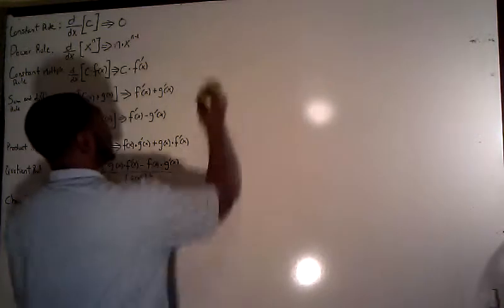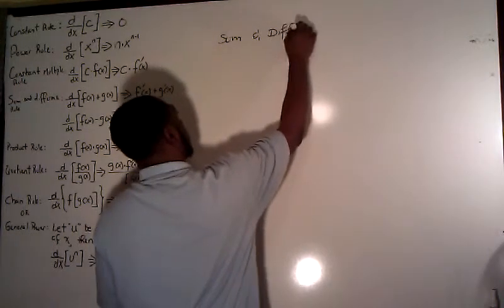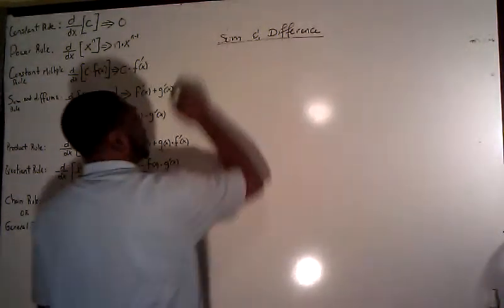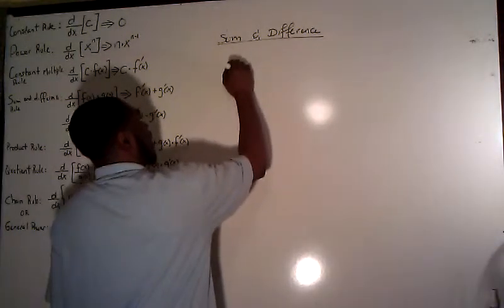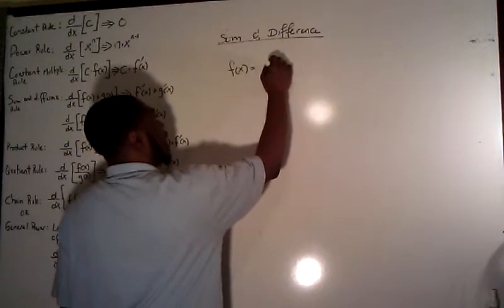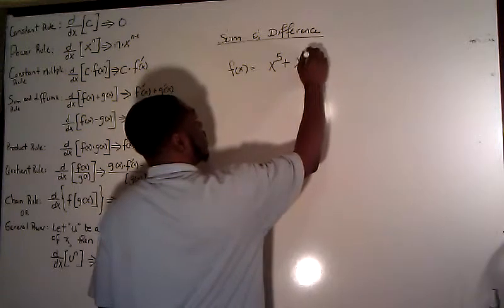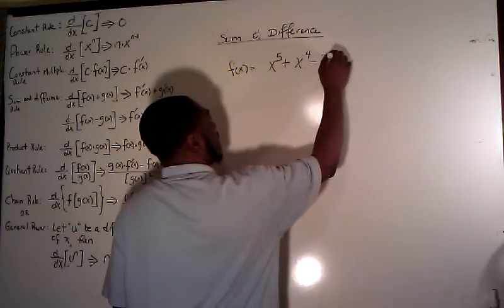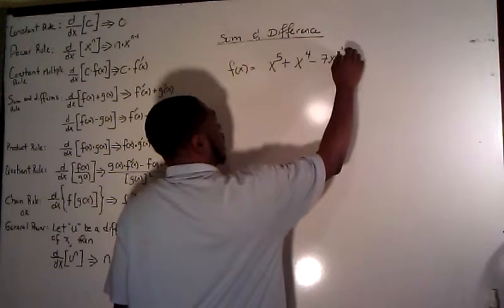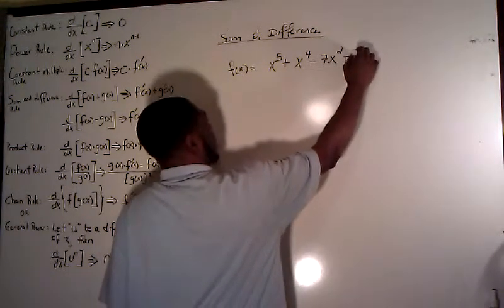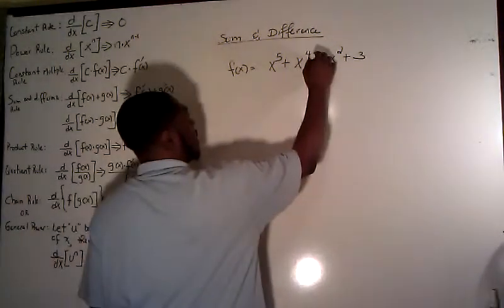Let's go on to some other rules. The sum and difference rule. Basically, we would use this rule when we have polynomials. For example, let's say you had f of x equals x to the 5th plus x to the 4th minus 7x to the 2nd, and let's say plus 3.